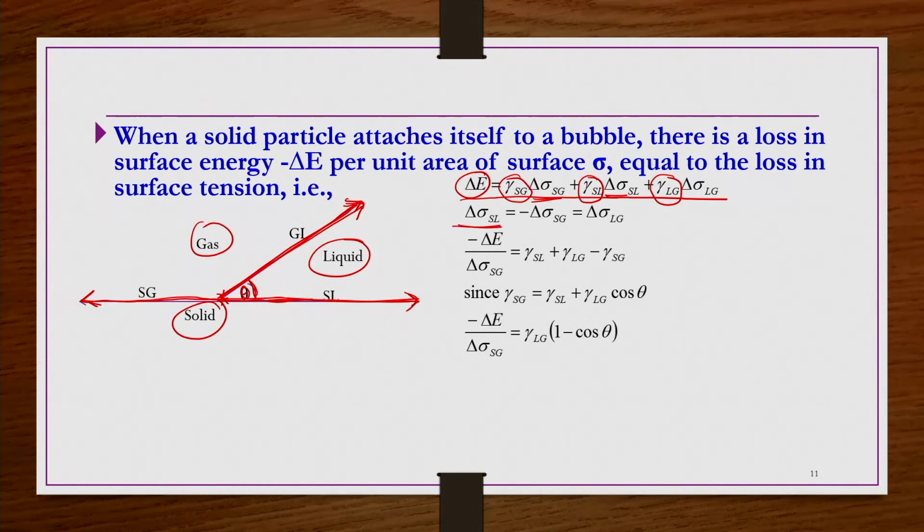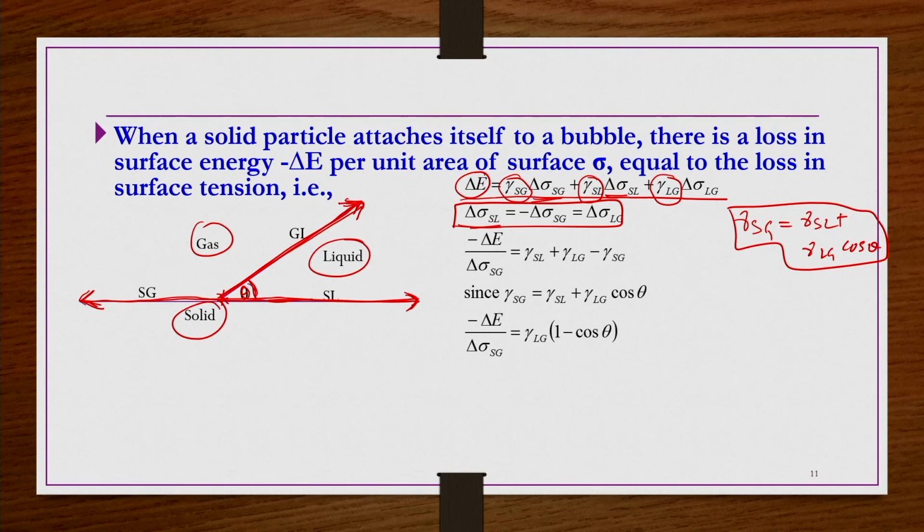Previously we have seen that gamma Sg is equal to gamma Sl plus gamma Lg cos theta. Following these directions, we can understand that delta sigma Sl is equal to delta sigma Lg, which is equal to minus delta sigma Sg.